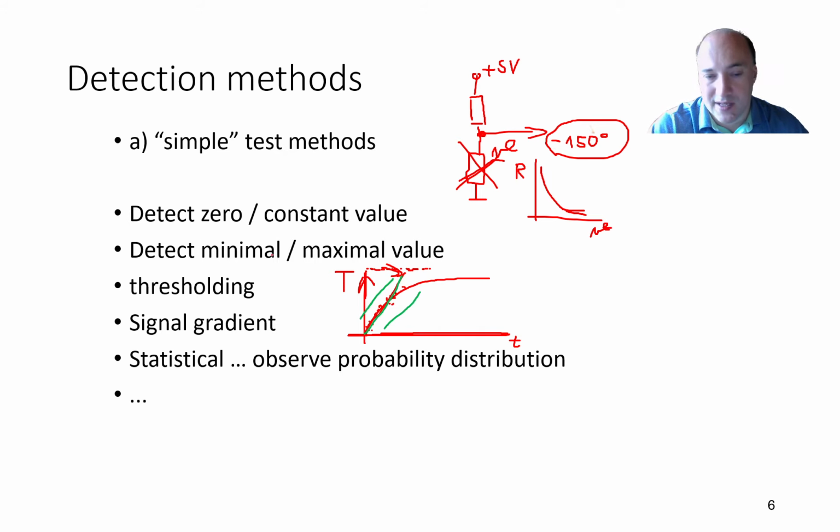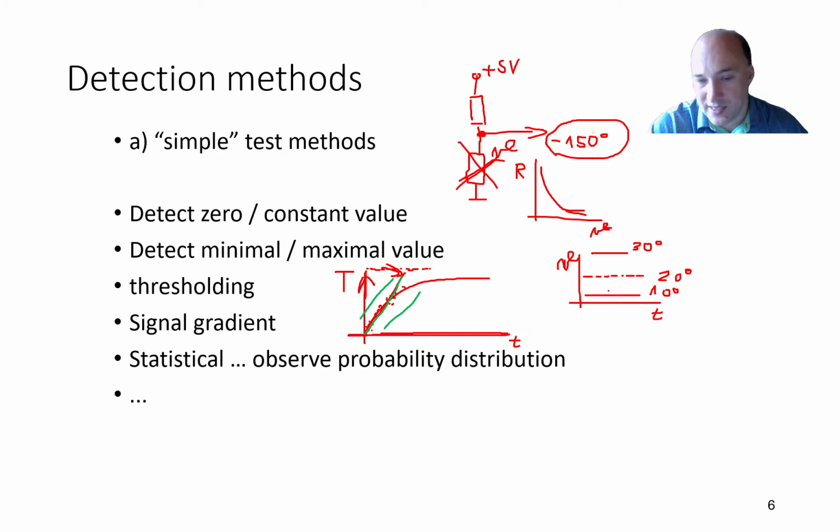And I can simply eliminate this problem by detecting the minimal and maximum value. So for example, I expect that my temperature as a function of time, let's put it as theta here, should be somewhere around 20 centigrades, like this. And I assume that the temperature in a room will be somewhere in the interval of, let's say, maybe 10 centigrades when I'm not at home in winter, up to, let's say, maybe 30 centigrades when it's really hot in summer.